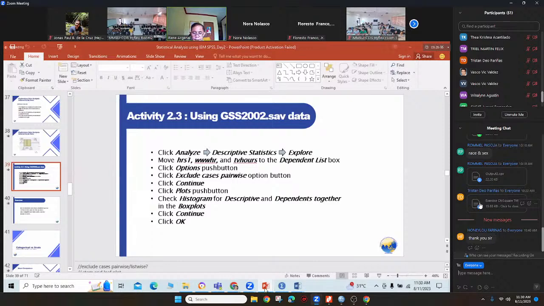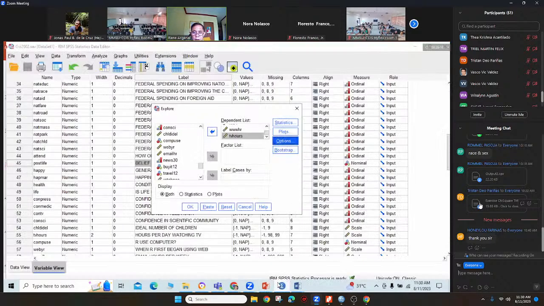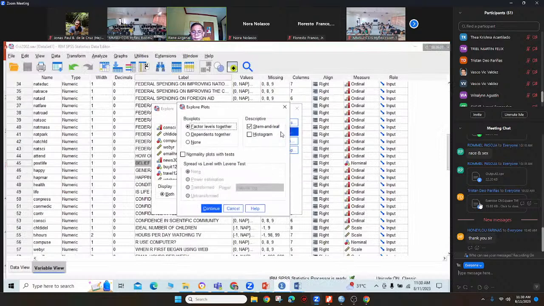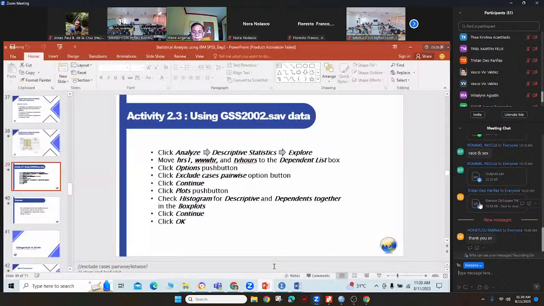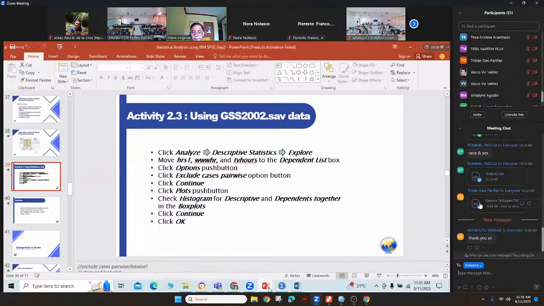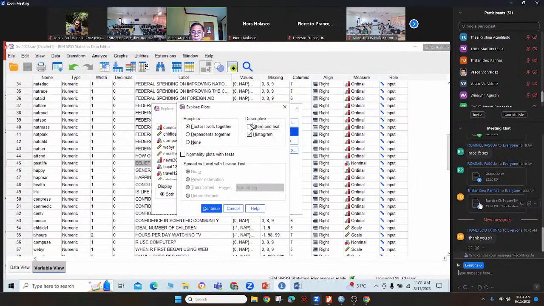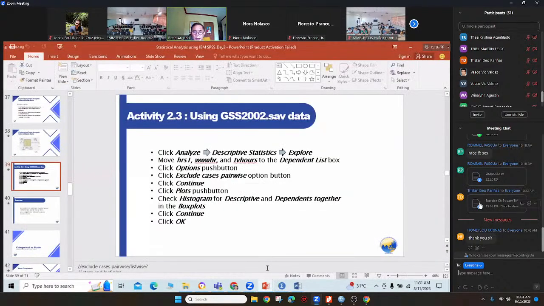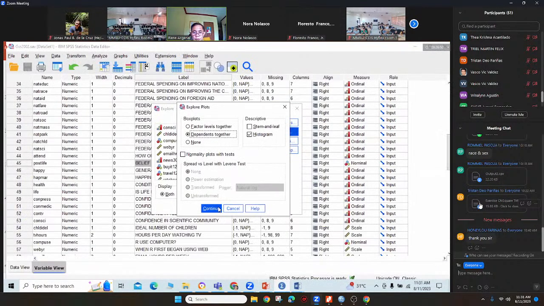Plots, the histogram. We will uncheck stem and leaf, and then dependents together. And then box plot, we check on.